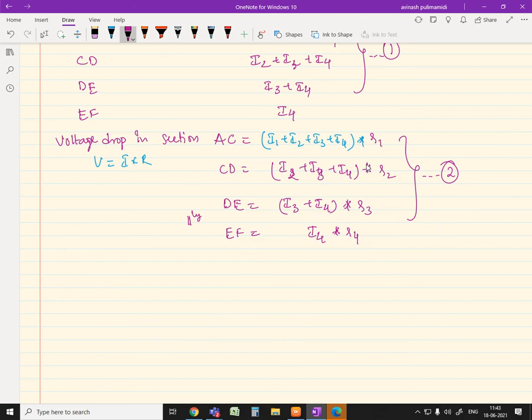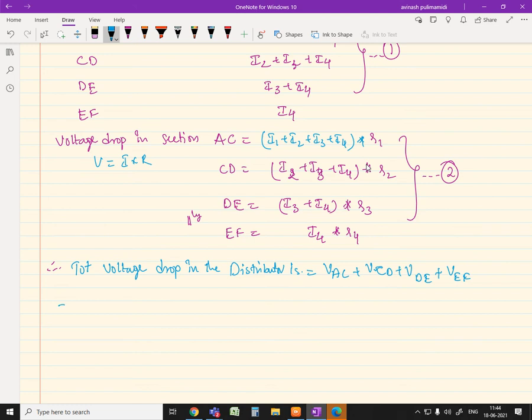Next, the total voltage drop in the distributor is therefore the voltage drop across AC plus the voltage drop across CD plus the voltage drop across DE plus the voltage drop across EF. The summation of all these will give you the total voltage drop.